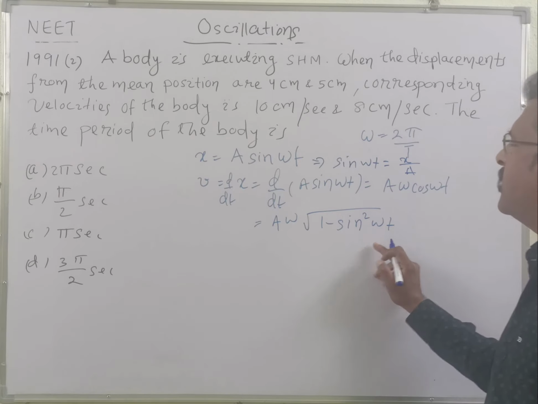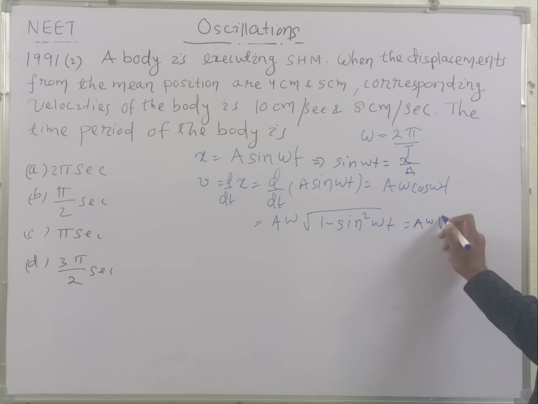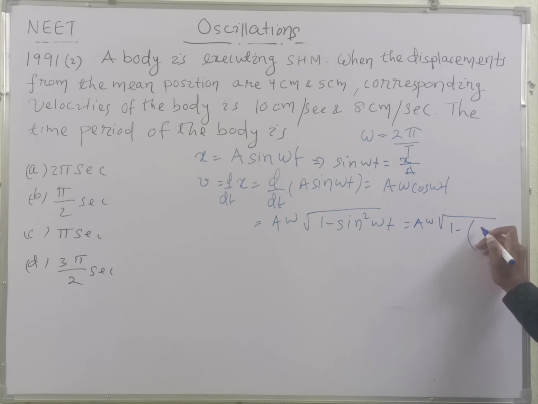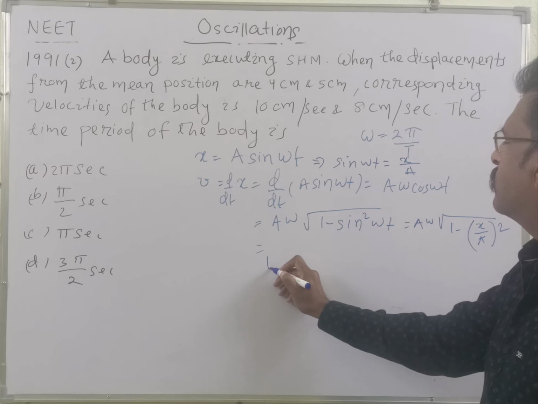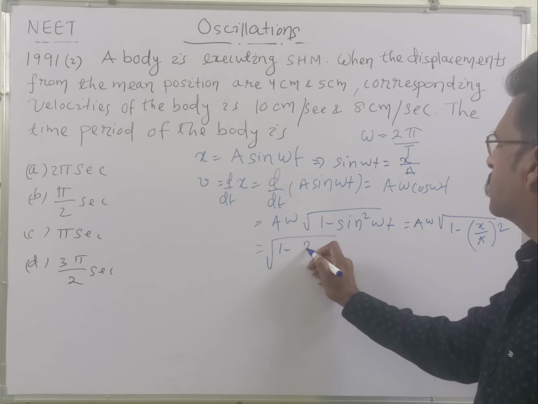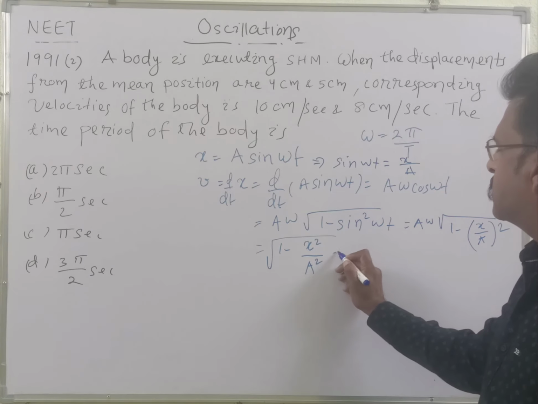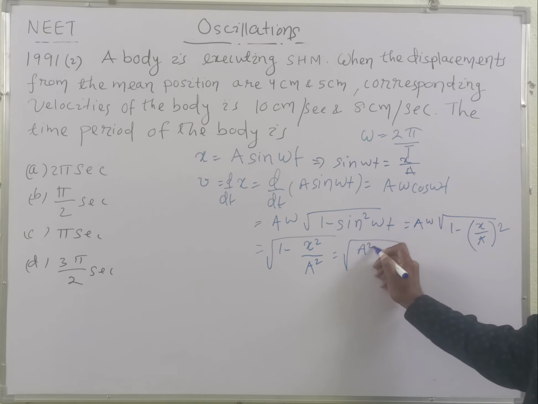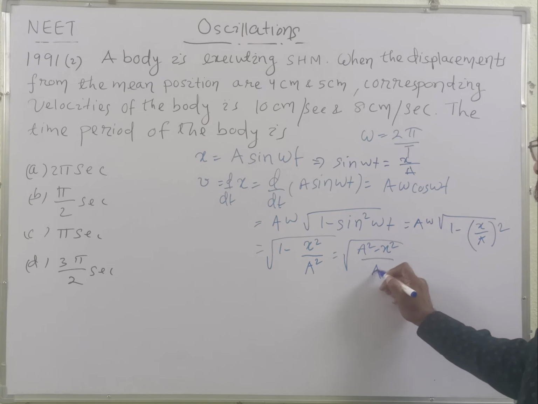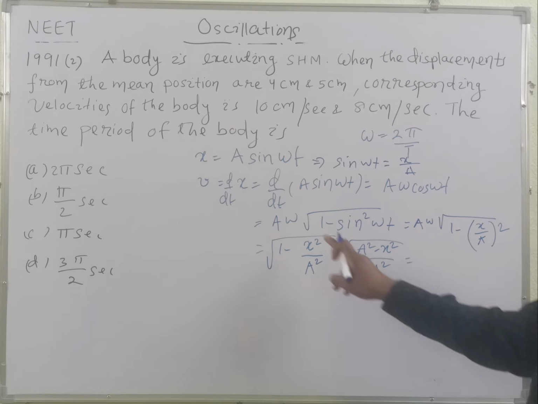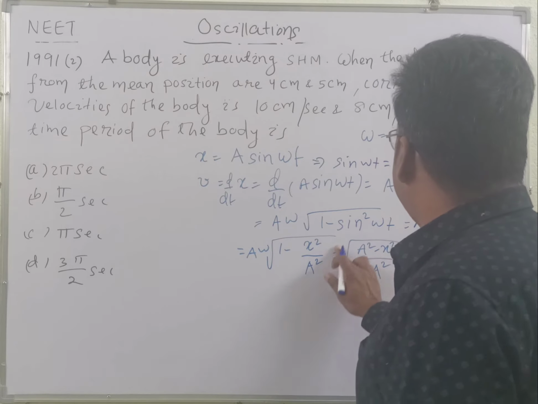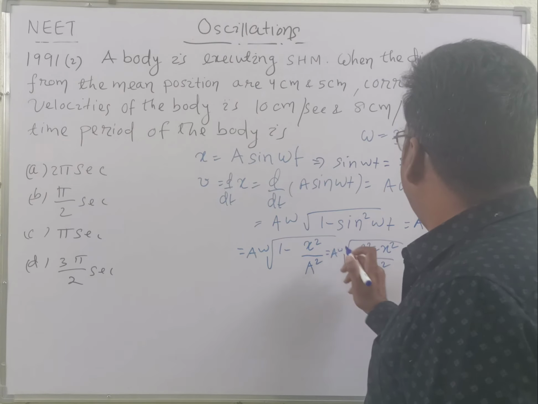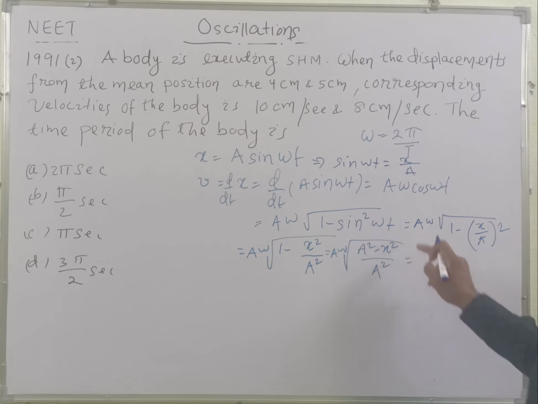So we can write this as a omega into root over 1 minus x by a whole square, or we may write root over 1 minus x square by a square. This can also be written as root over a square minus x square by a square. This is multiplied with a omega, of course.